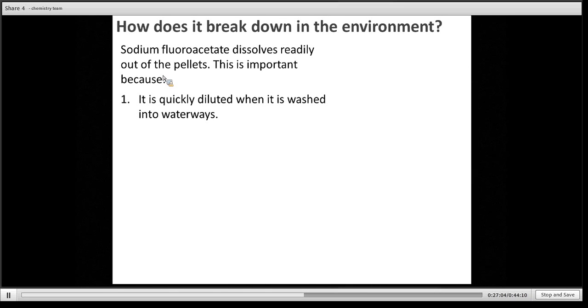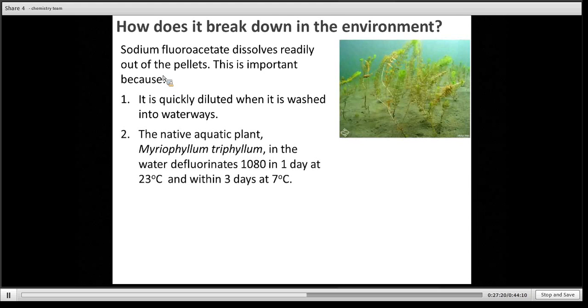So when the pellets get wet, when it gets washed out, then it gets quickly diluted because it gets dissolved very readily out of the pellets and gets quickly diluted with the rain and in the water when it gets washed into the waterways. We have certain aquatic plants that will convert that fluoroacetate, and it defluorinates it, so it makes it non-toxic.